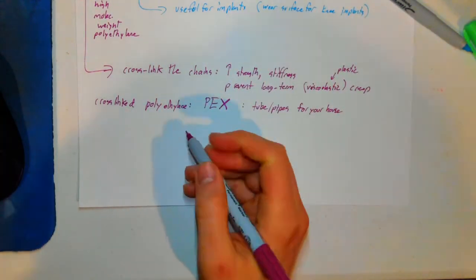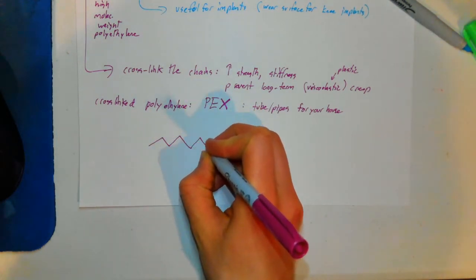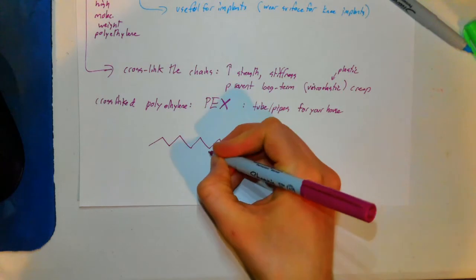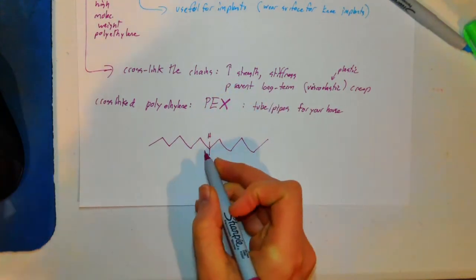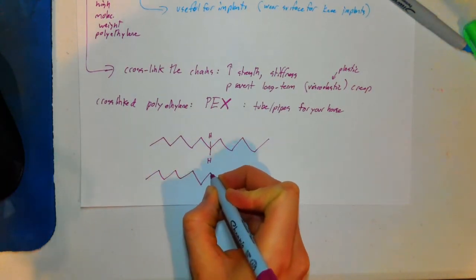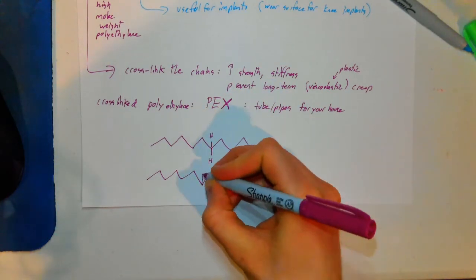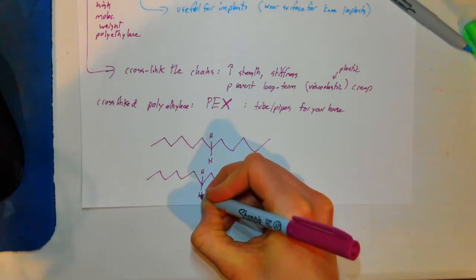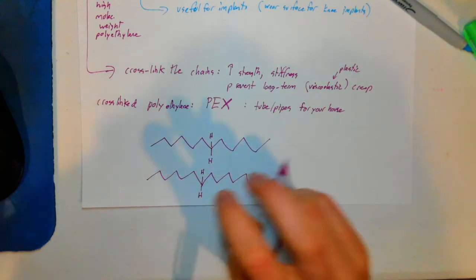How do you actually form PEX? Well, you basically have one polymer chain, and let's imagine that this polymer chain has its hydrogens on it, and then let's say there's some adjacent chain that has its hydrogens on it, right? And all of these carbons would be fully saturated with hydrogens.